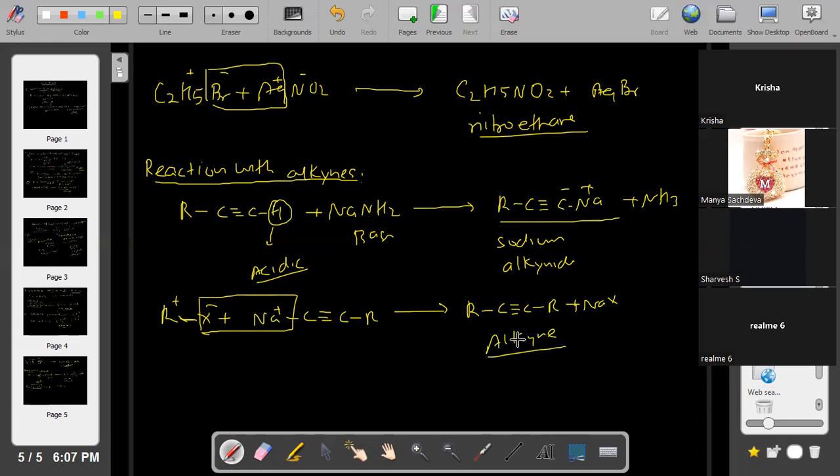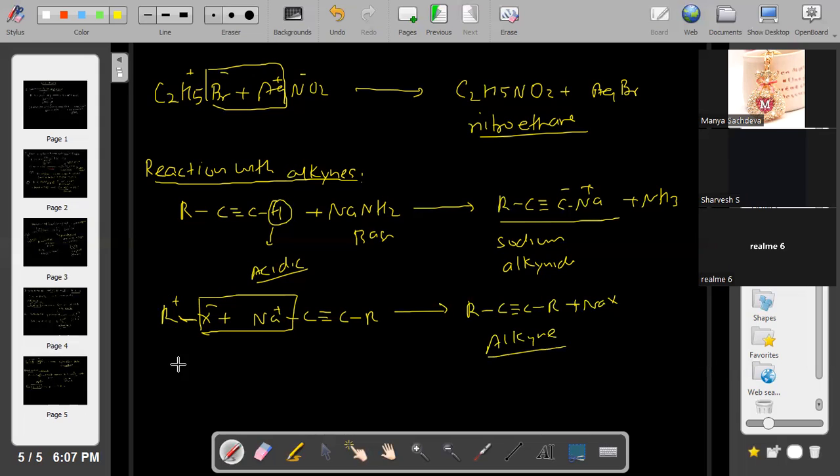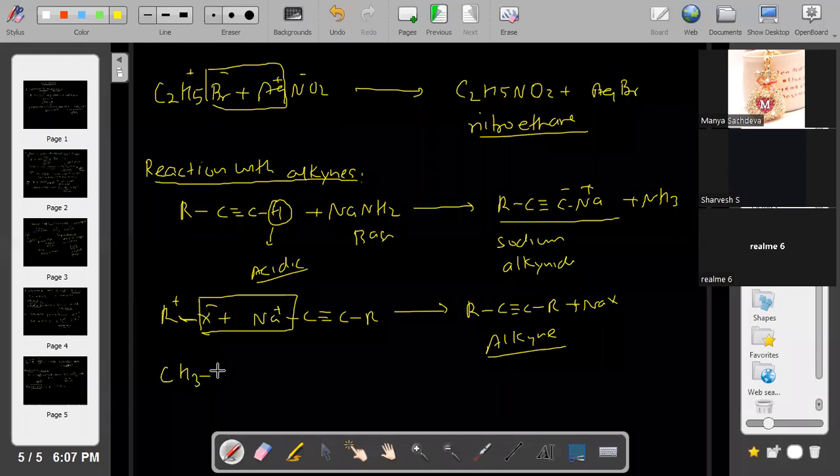This means the number of alkyl groups increases here. Like CH3, you can take, here is Br, plus NaC triple bond C and then C2H5.